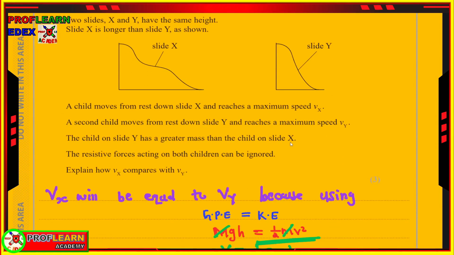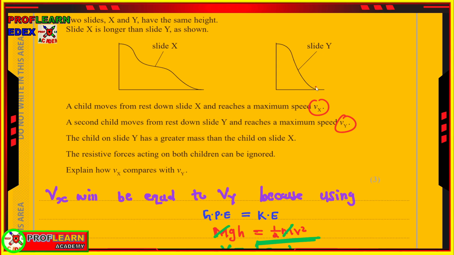Here the velocity vy and vx are going to be the same, because the final maximum speed down here depends on the height.